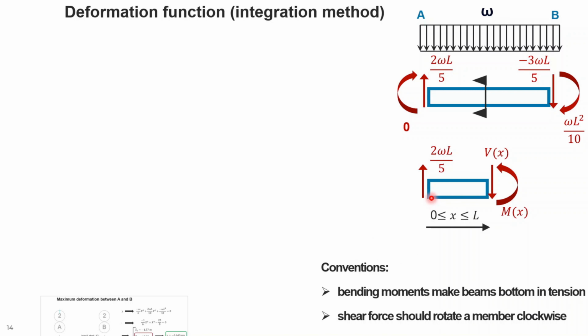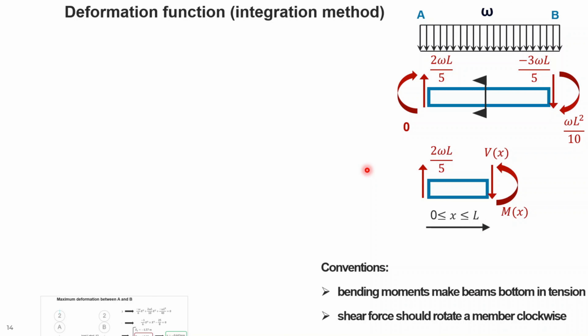So at the left end, X is 0, and here X is X. So I want to calculate the internal shear force and internal moment at an arbitrary X cut section. So again, for the conventions, we are using the conventions that we use for the shear and moment diagrams, like bending moments should make the bottom of the beam in tension, and shear forces should rotate the element clockwise.